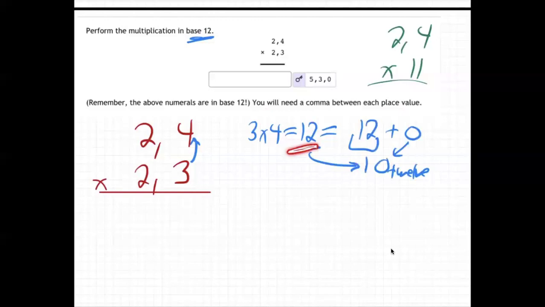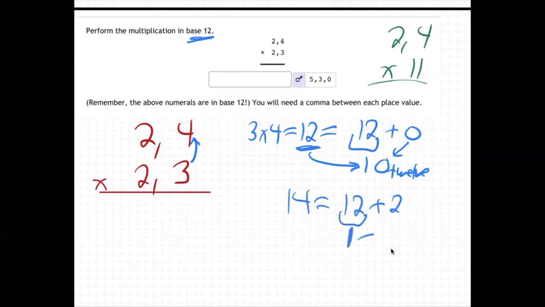So whenever you want to take a number like 12 or 13, if we had, say, 14, that would be 12 and 2 more. So it would be a single 12. Actually, you know what? I'm going to confuse you with that example. What if it was 15? What if we had the number 15? That would be 12 and 3 more, which would be a single 12 and 3 more in base 12.